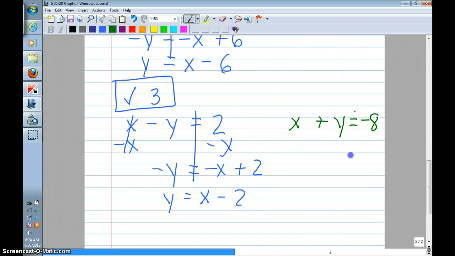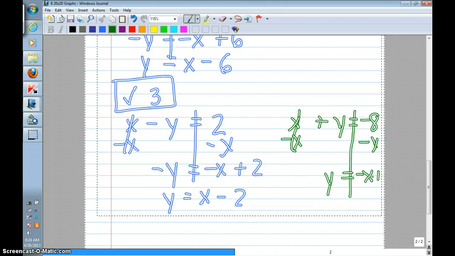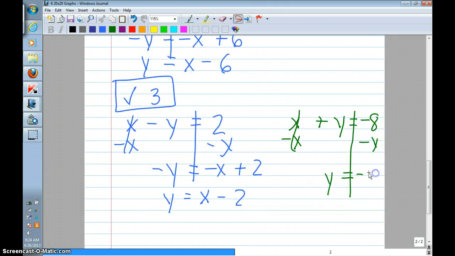On this one, subtract x, I have y equals negative x minus 8. I'm going to write it a little bit farther over. Y equals negative x minus 8.